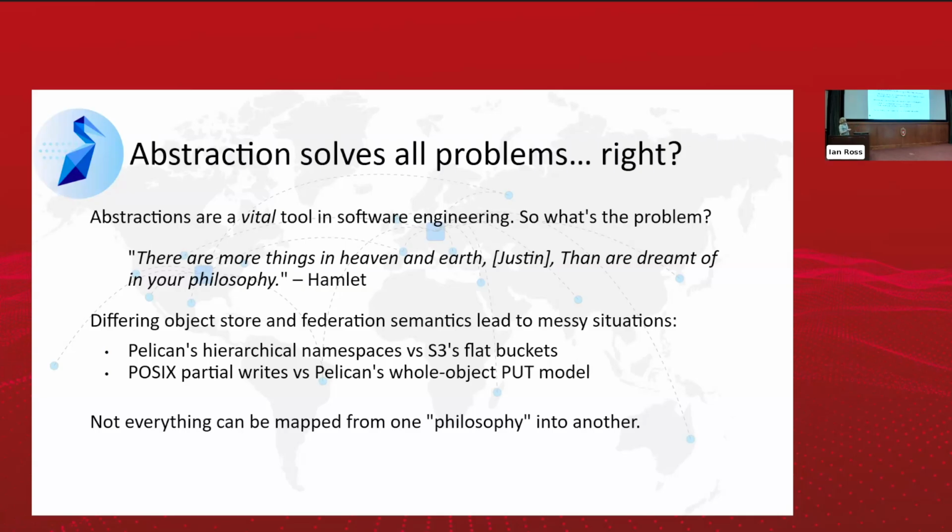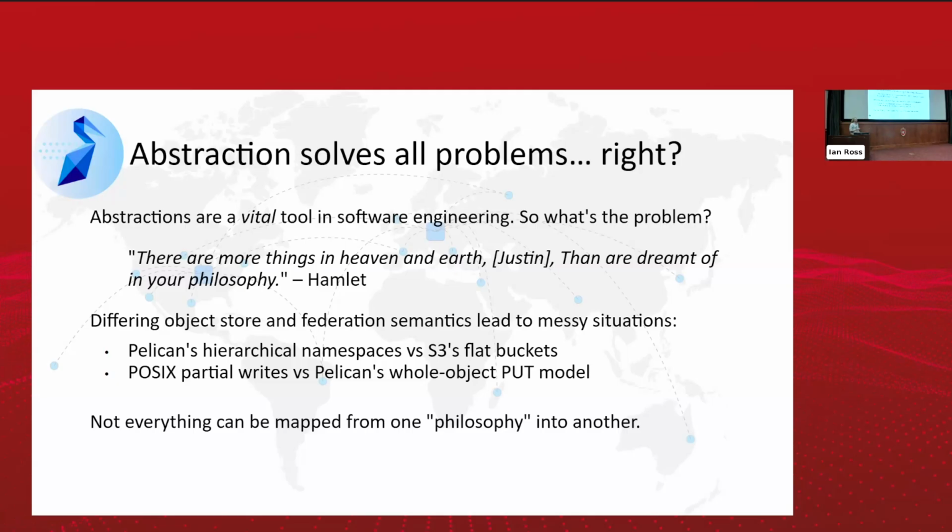The first here is Pelican supports hierarchical namespaces. So you create a parent namespace, you can subdivide that, you can give authorization to collaborators or sub-projects. That's hierarchical. Something like S3 that we support doesn't really have any hierarchy in its object names. S3 uses flat buckets, and you can kind of string together something that looks like directories in S3, but it's a hack.